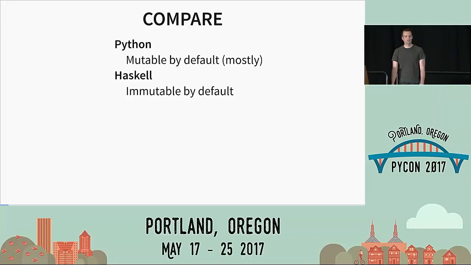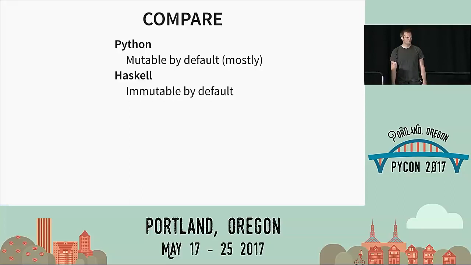There are patterns that I've picked up in Haskell that I think are really useful for writing Python as well. Now, the biggest difference between Python and Haskell, in my mind, is that Haskell is immutable by default, and Python is not.